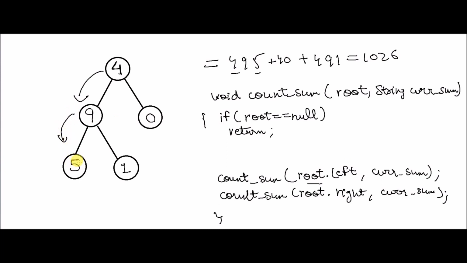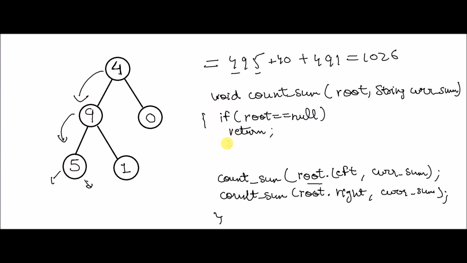Now 5, as you can see, the left child of 5 and right child of 5 both are null. So we have to make another condition, because whenever we are here, we have to include it in our sum. So what I have to write here, first of all I have to count 4, 9 and 5.